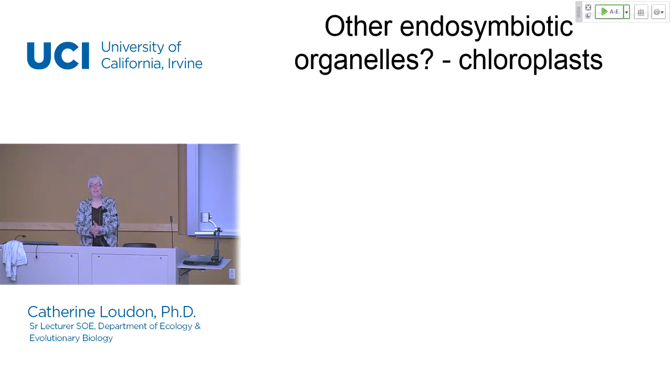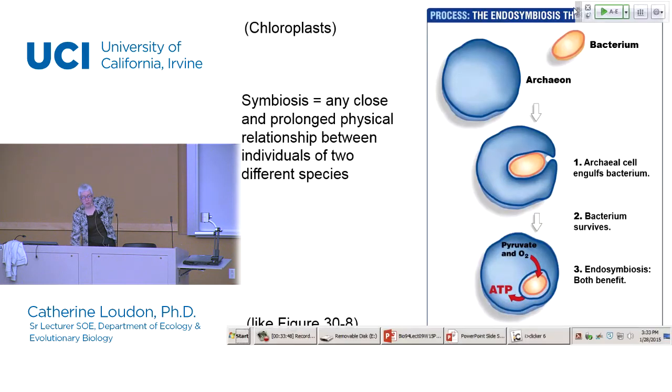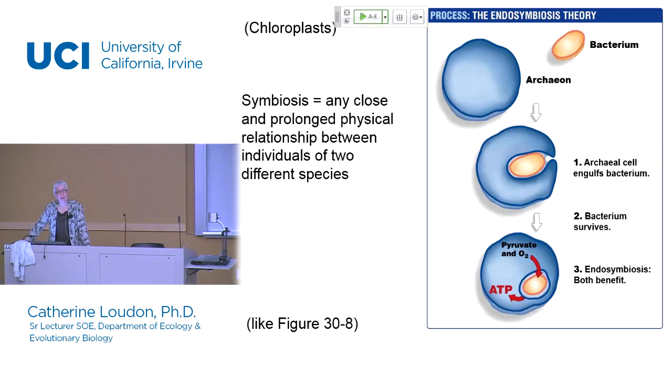How about chloroplasts? That's another very complex organelle that is thought to have an endosymbiotic origin. There is not a comparable figure to figure 30-8 for chloroplasts, so I went ahead and put it up in front of you. This is the one that shows the acquisition of an alpha proteobacterium-like bacterium in the evolutionary history of mitochondria from a bacterial precursor.